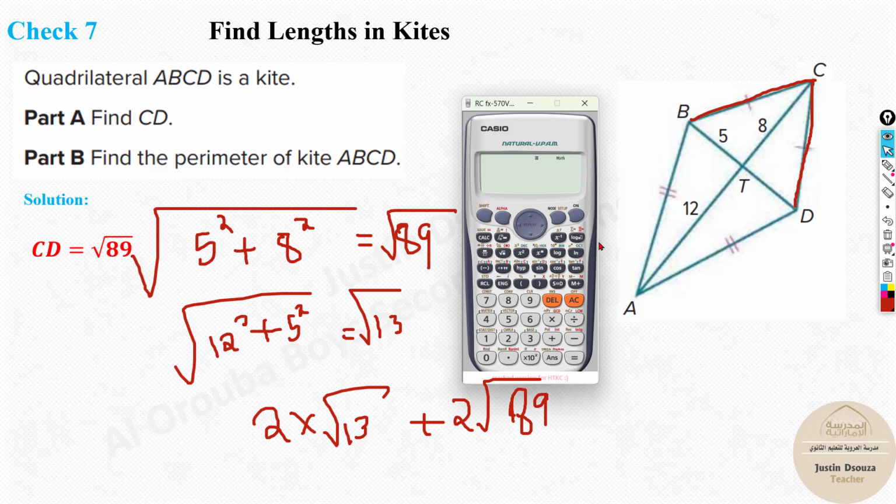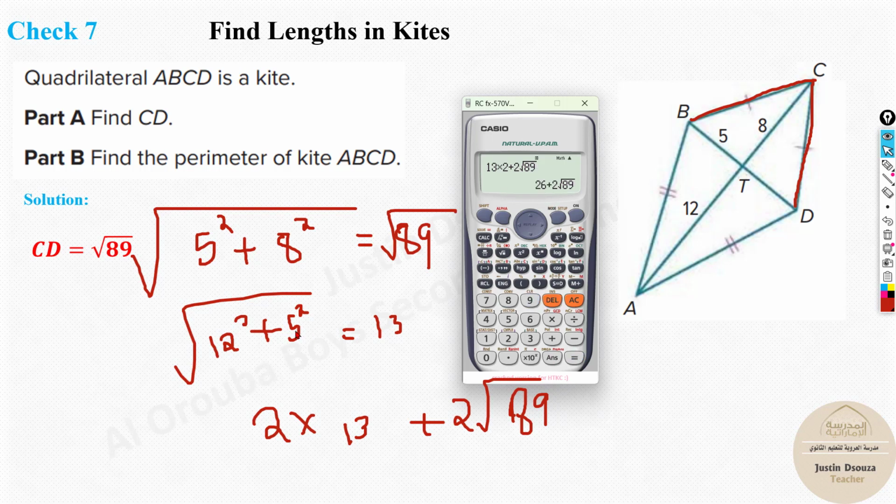13 times 2, sorry. My answer was 13, not root 13, guys. 13, okay? So 13 squared is 169. It is root 169 here, or 13 is the direct answer. So all you need to do is 13 times 2, that is 26, plus 2 root 89.